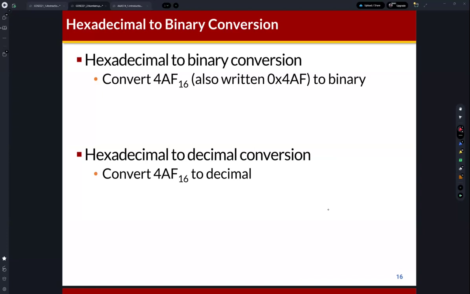So this is somewhat different: this conversion is hexadecimal to binary conversion. Here is an example, the hexadecimal number 4AF. How can you convert this to a binary number? It's easy.